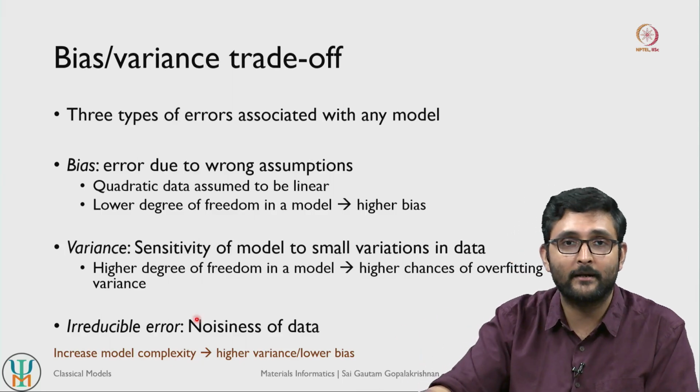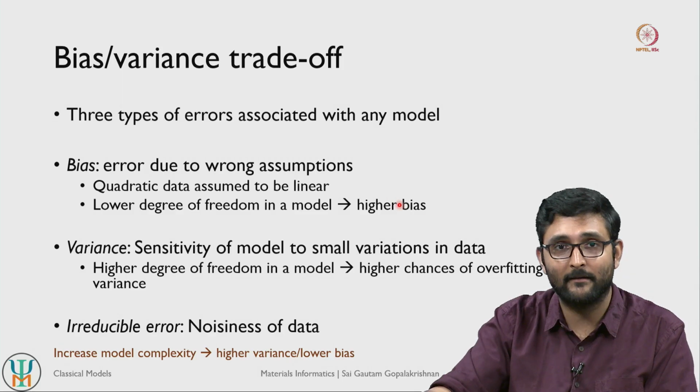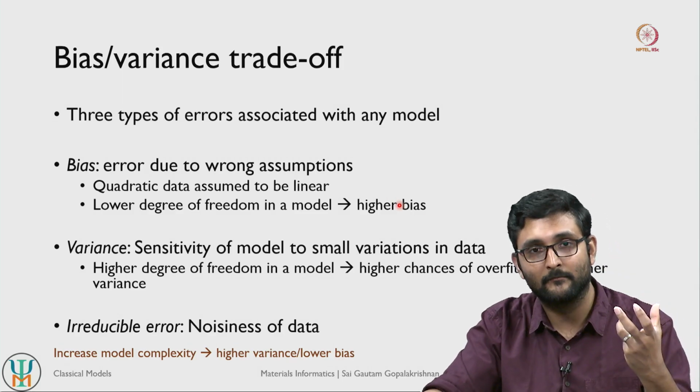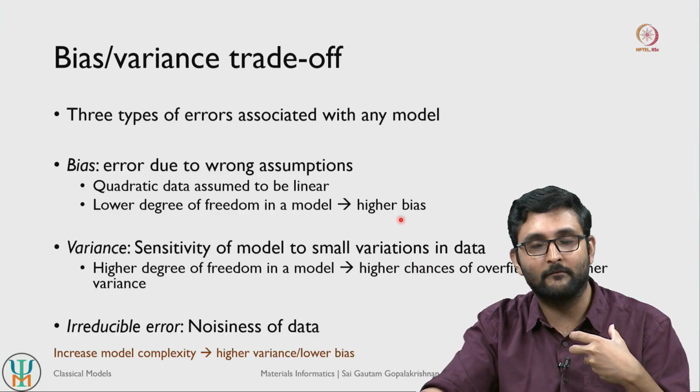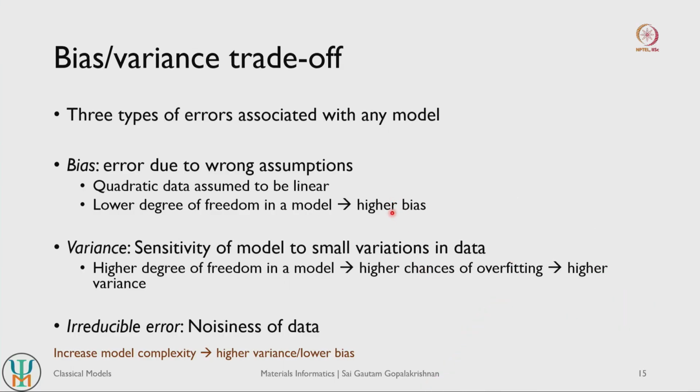So if you are restricting the degrees of freedom in your model, you may have high errors due to high bias, and lesser errors due to high variance. So in other words, if you are decreasing bias errors, your variance errors are bound to increase, and vice versa. If you are decreasing your variance errors, your bias errors are bound to increase.